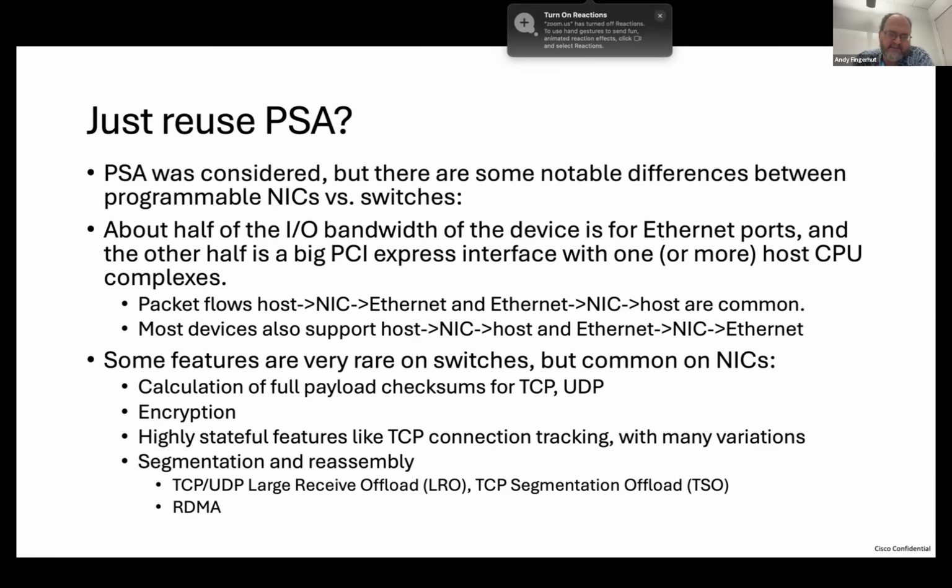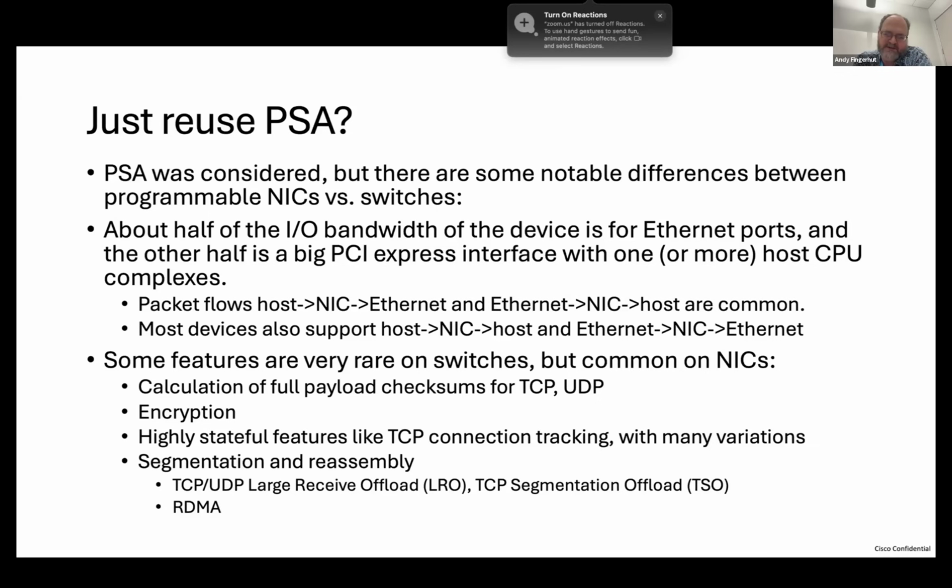Full payload encryption and decryption in the fast path is much more common on NICs than on switches. I mean, it does exist in some switch ASICs, but it's a rarer feature, certainly, and very much more common in NICs. Highly stateful features like TCP connection tracking, I'll talk a little bit more about, with many different variations.